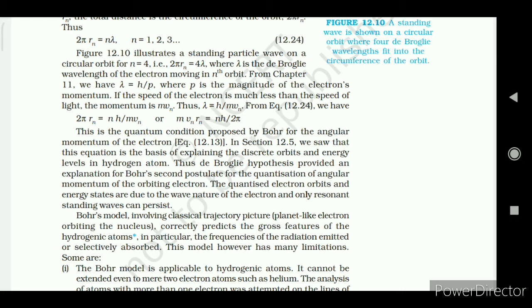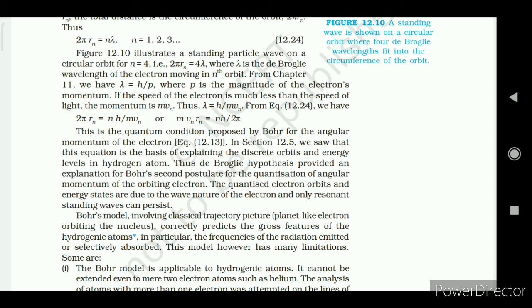If the speed of the electron is much less than the speed of light, the momentum is m vn, so lambda is equal to h upon m vn. We have 2 pi Rn is equal to n h upon m vn, or m vn Rn is equal to n h upon 2 pi. This is the quantum condition proposed by Bohr. The de Broglie hypothesis provided an explanation for Bohr's second postulate for the quantization of angular momentum of the orbiting electron.